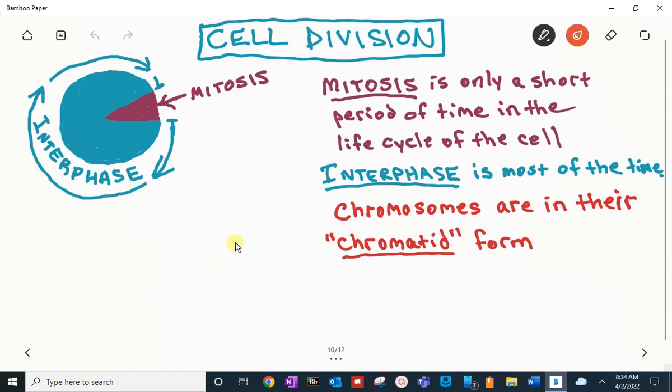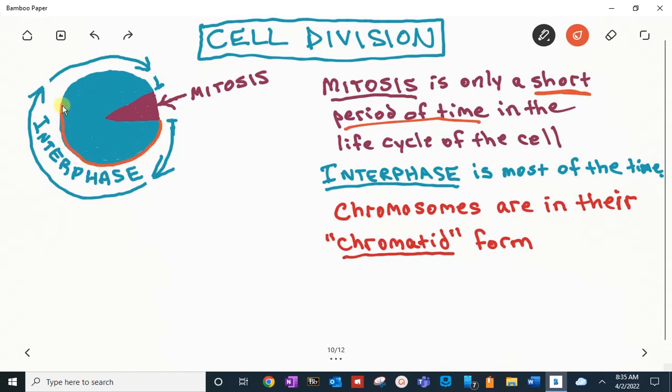Now, cell division, mitosis, is only a short period of time in the life cycle of the cell. The cell isn't constantly dividing. It's usually just hanging out doing its thing. And if you look at my little pie chart here, here's the time period.